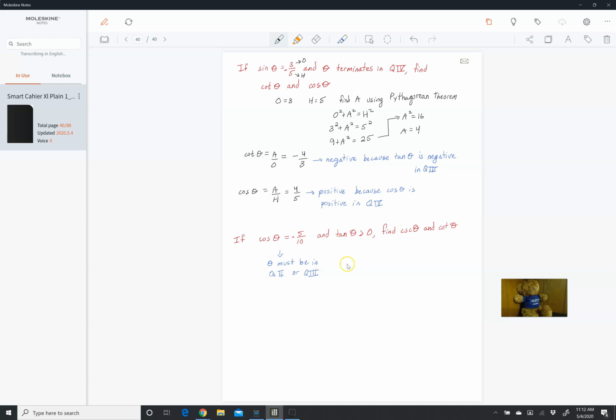But this is saying that the tangent of theta is greater than 0. So this is narrowing it down to one quadrant. Where is that true out of quadrant 2 or quadrant 3? The one where the tangent of theta is greater than 0 is quadrant 3.